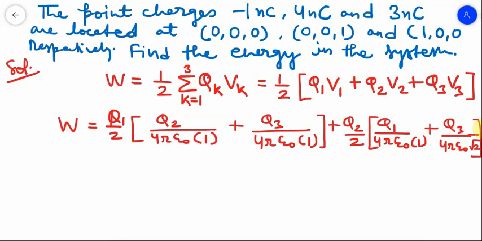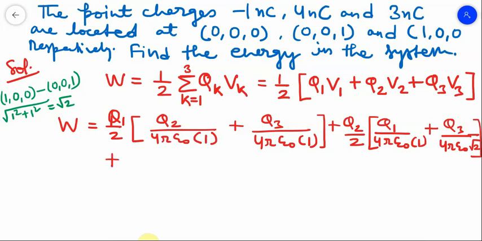How is this root 2 appearing? Consider the distance between these 2 points, 1 0 0 and 0 0 1. Obviously if we calculate this, it will be 1 square plus 1 square, which is root 2. For the rest of the system, 0 minus 1 under root of square is 1, and 1 minus 0 is again 1. So everywhere the distance is 1, and we get root 2 only between 1 0 0 and 0 0 1. This way we can proceed to solve.